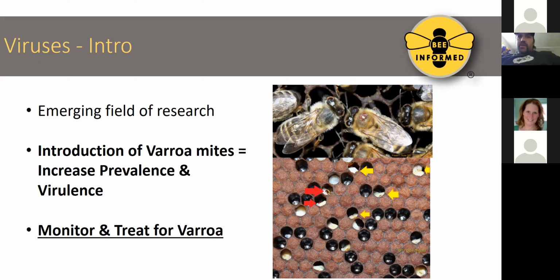The best way to keep viral loads at a minimum is to monitor varroa mite levels and treat colonies when they're close to a threshold of 3%, although in the spring you want your mite loads to be around 1% or less.